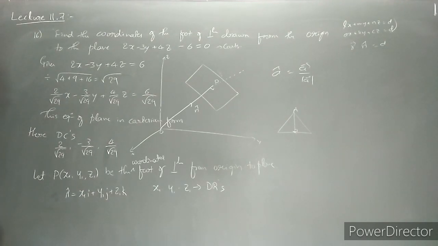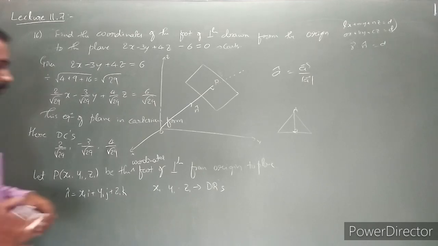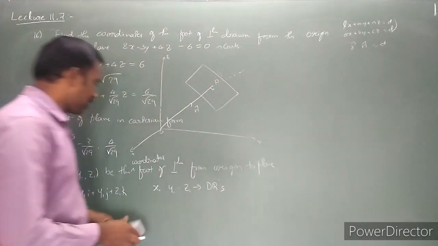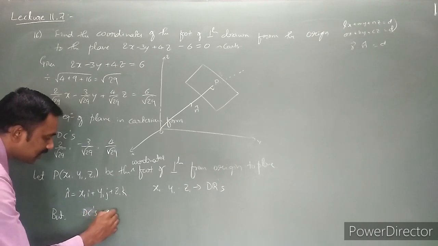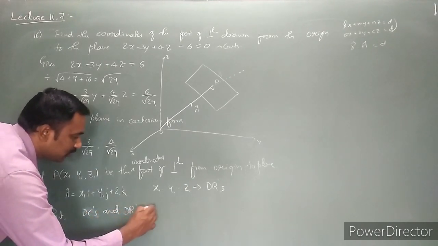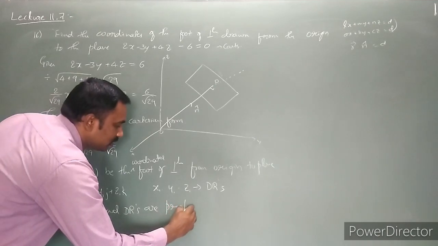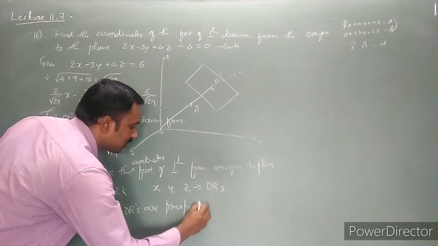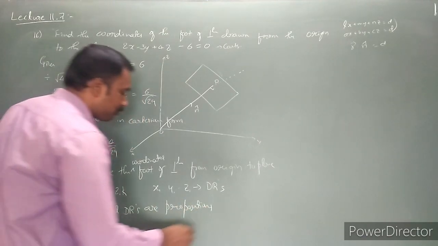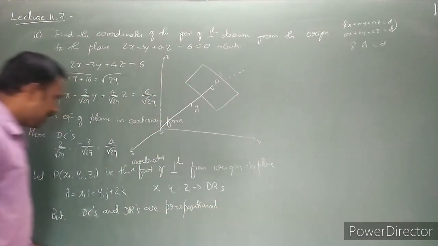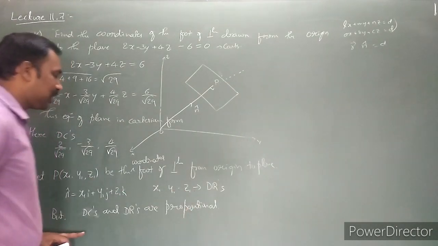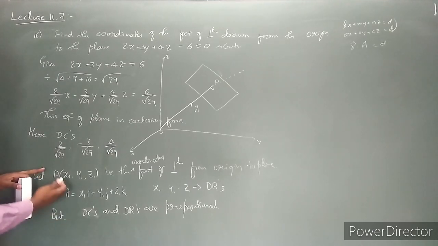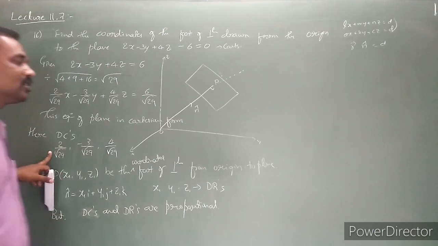And hence one more thing we know, it is a known result that direction cosines and direction ratios are proportional. So I have taken x1, y1, z1 as the direction ratios and these values as the direction cosines.